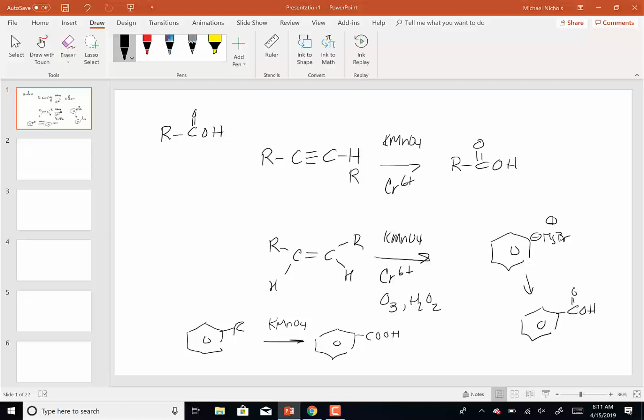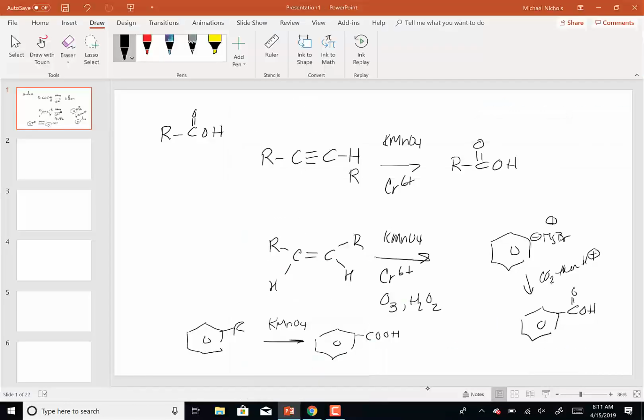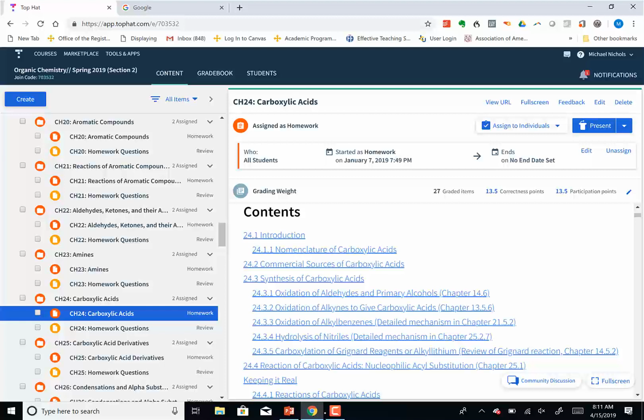Colin? CO2 and then H+. So we can do that. What else? And then the reaction of carboxylic acids with nucleophilic acyl substitution. We're going to get to that.